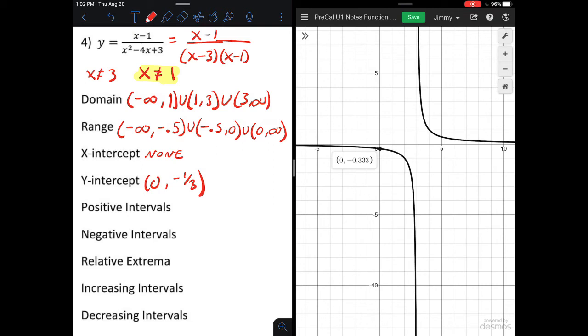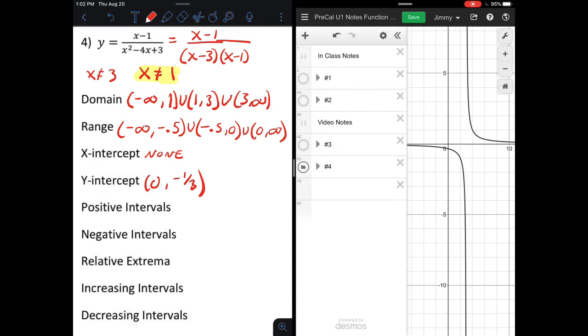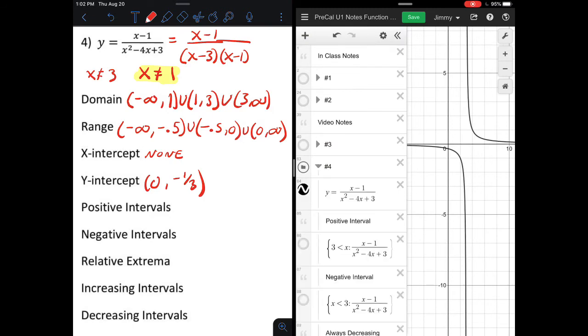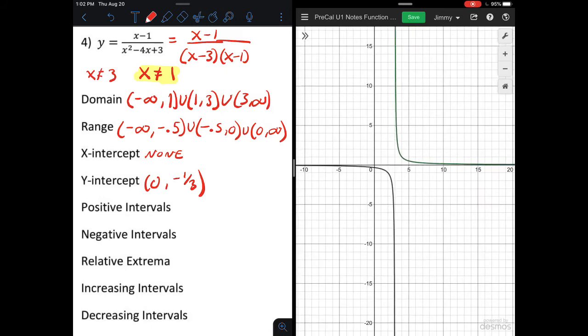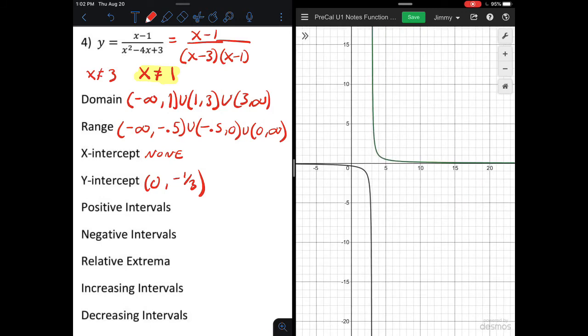And now we want to do our positive and negative intervals. Well, our positive interval is going to be everywhere where the graph lies above the x-axis. So let me change the color of that piece, and we look. The one section that lies above the x-axis is the right-hand side of that graph, which the interval would be all those x values that are within there, which means that we're going to go from 3 to infinity.